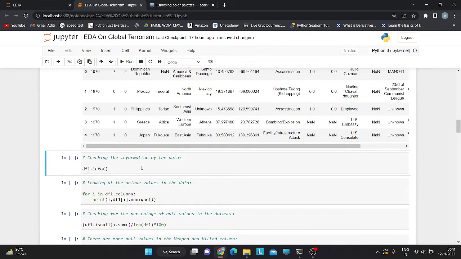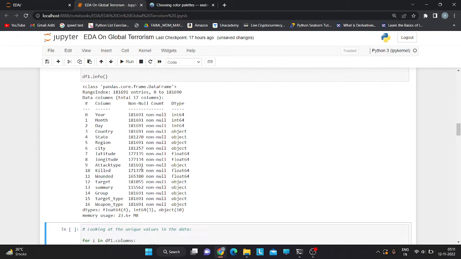Now let us see the information of this dataset. Now .info, this function will help us to understand how many null values are there. At the same time, we will also be able to see the data types of all the respective columns. So let me run this cell first.